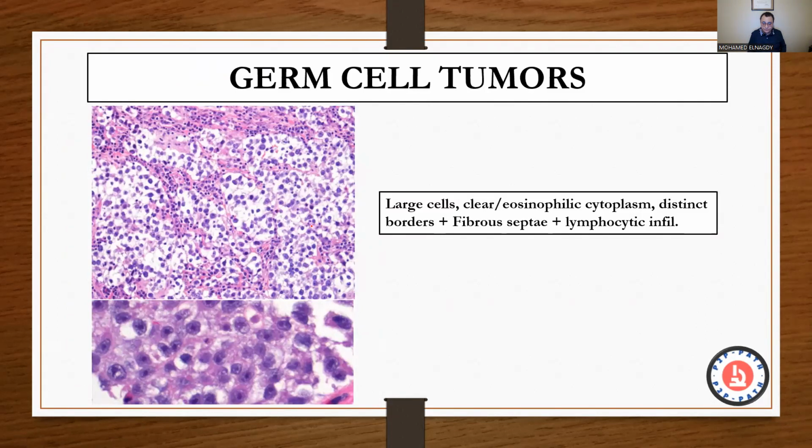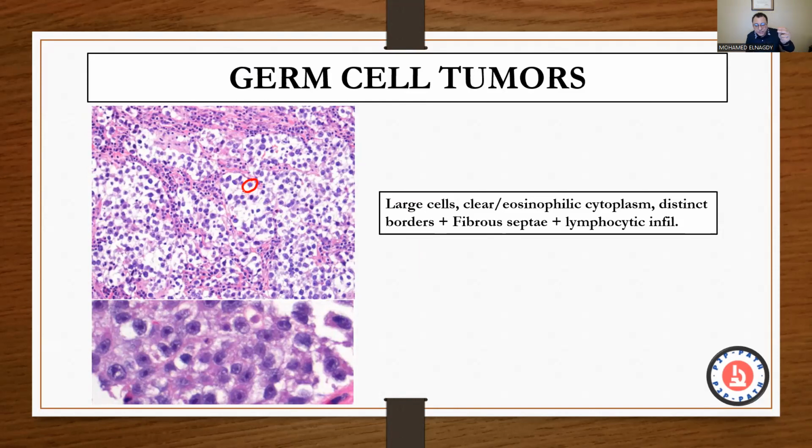Second entity. Here the seminiferous tubule architecture is not well preserved. There are some cells which are taking over the testicular tissue and disrupting the architecture of the seminiferous tubules. So this means that we are having invasion here. We're now dealing with a frank carcinoma, a frank malignancy. The malignant cells are large cells with clear cytoplasm.